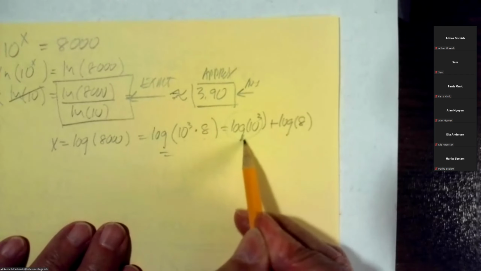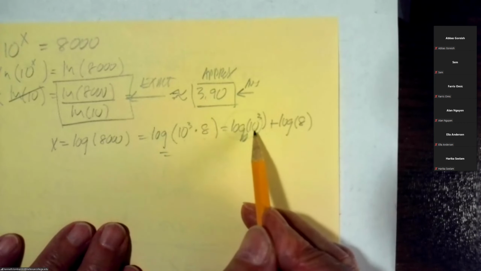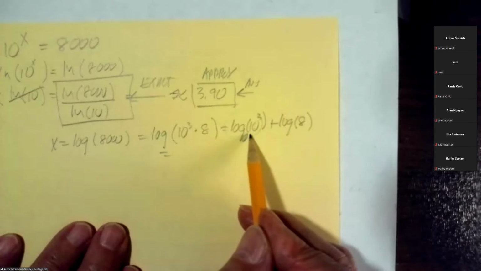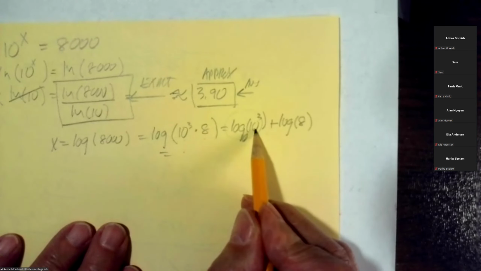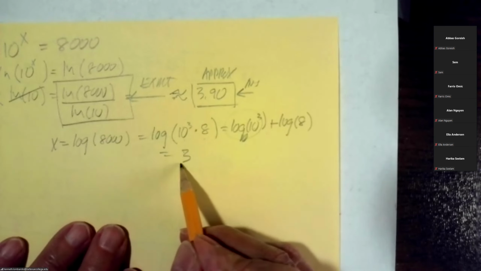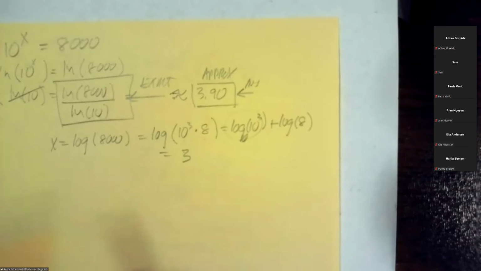When you said 10 to the what equals this, what did you get? 3. Okay, so log base 10 of 10 to the 3 is 3. Everybody else get that? Then I added that to the log of 8.